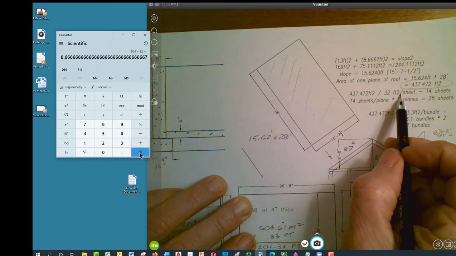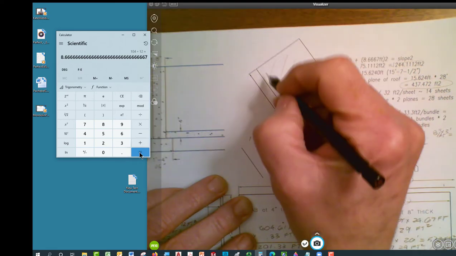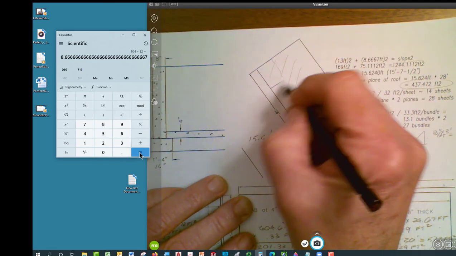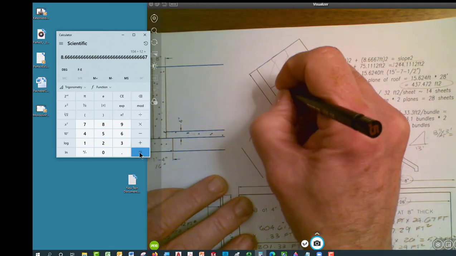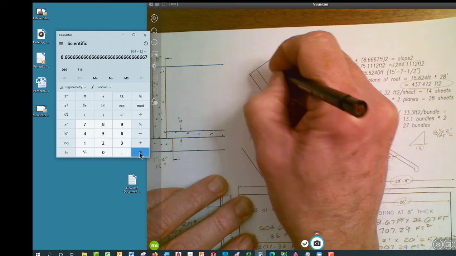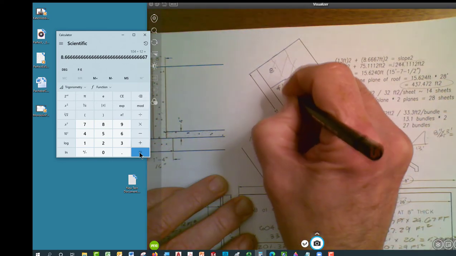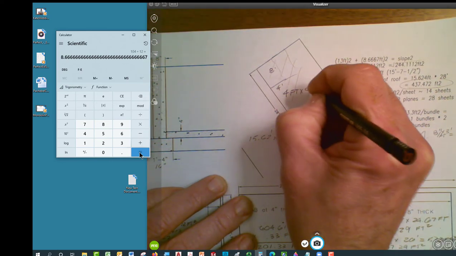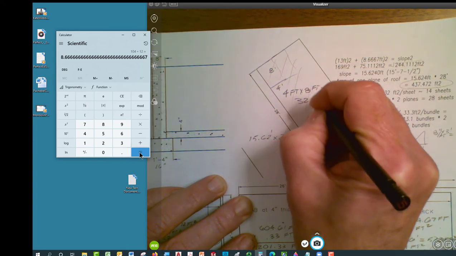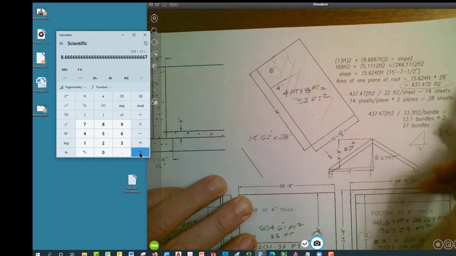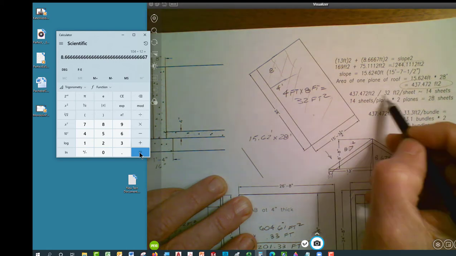Now, that's one. How many square feet are there in one sheet of material? What we're going to do is we're going to put sheets of plywood or sheets of something on that roof, and those sheets measure 4 feet by 8 feet. 4 feet times 8 feet equals 32 square feet, which is where that number came from, right there.